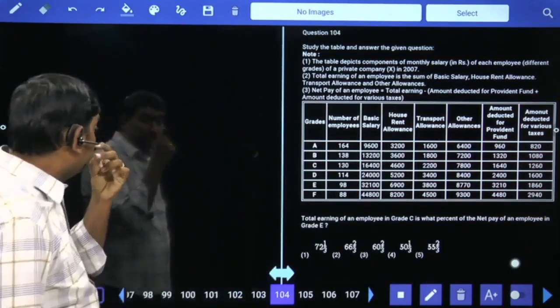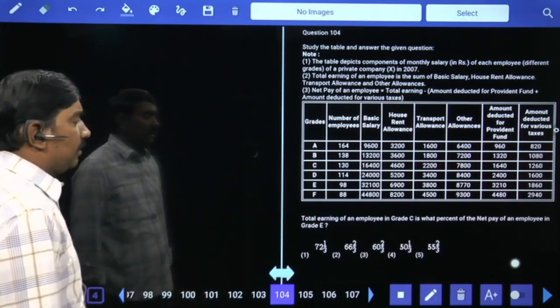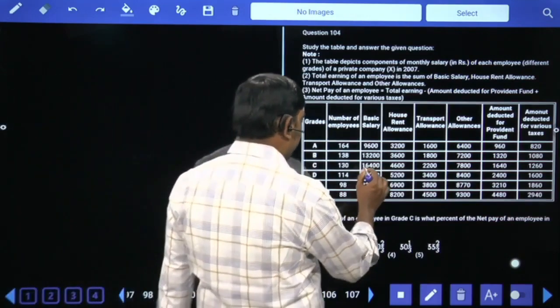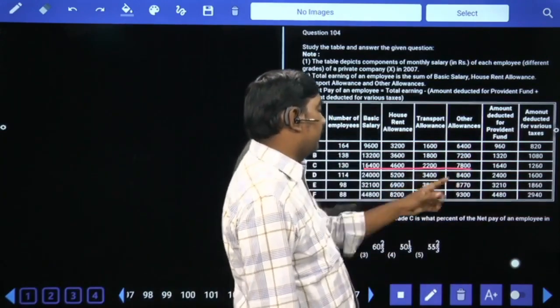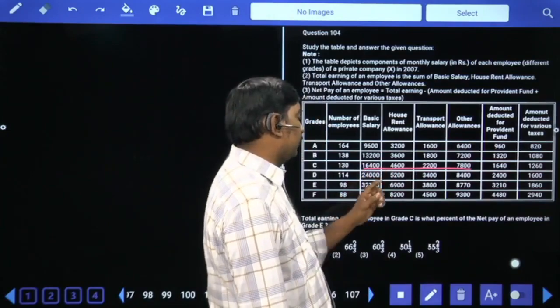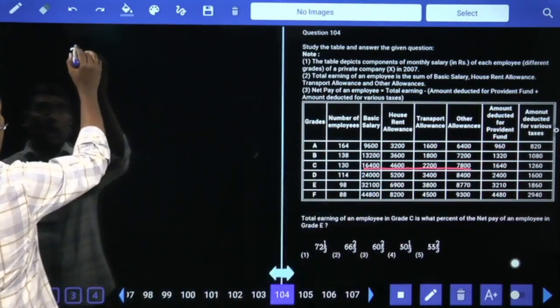Next. Total earnings of an employee in grade C is what percent of the net pay of an employee in grade E? Grade C earnings: these four we need to add. 22 plus 78, 10,000. 16,400 plus 4,600, 21,000. 21 plus 10, 31,000.